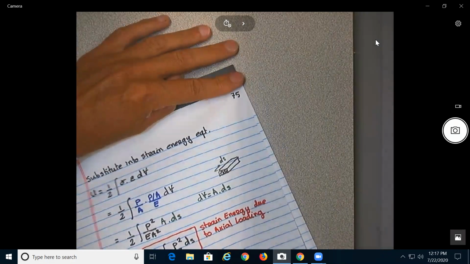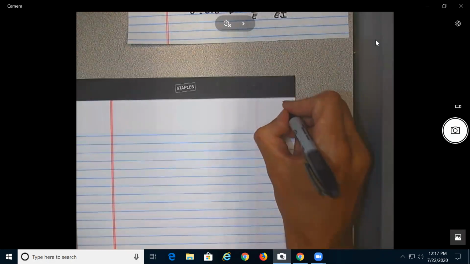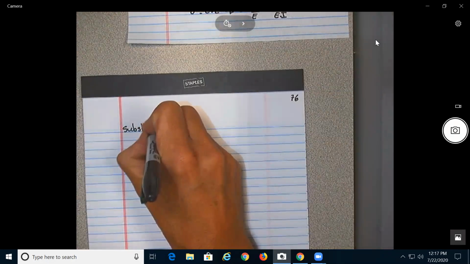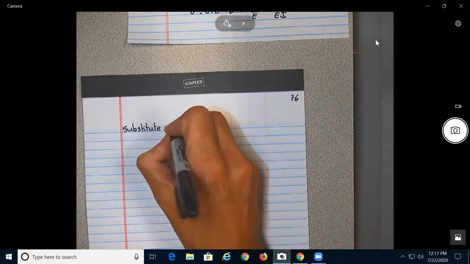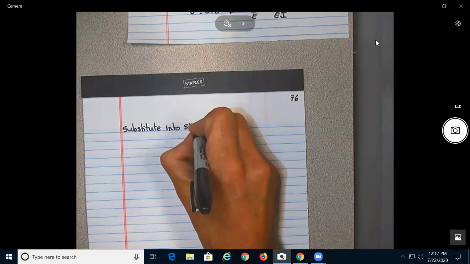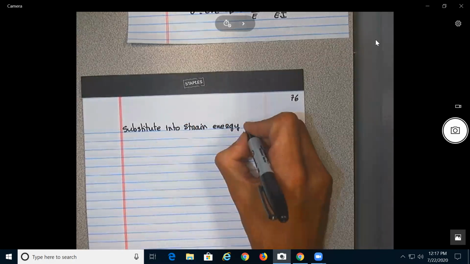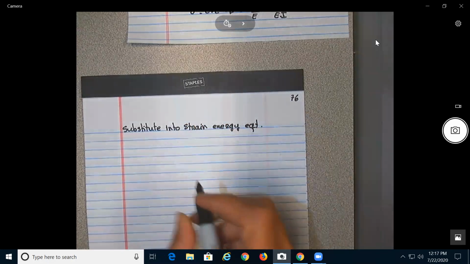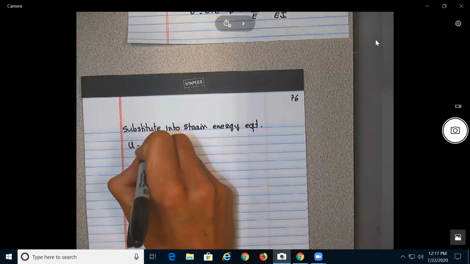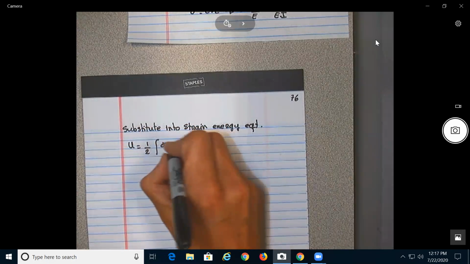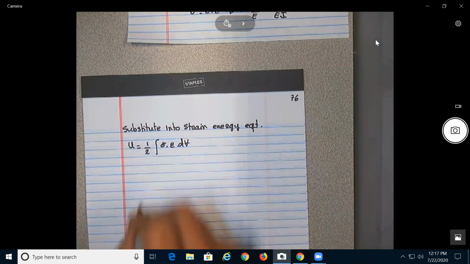So substituting into the strain energy equation, U equal 1/2 the force given by the stress times the deformation given by the strain, dV.